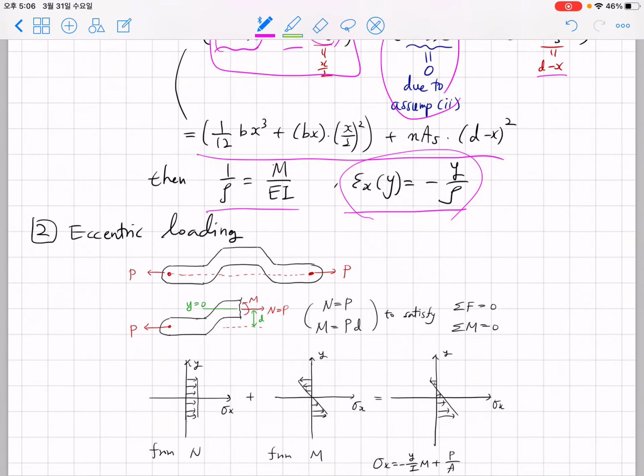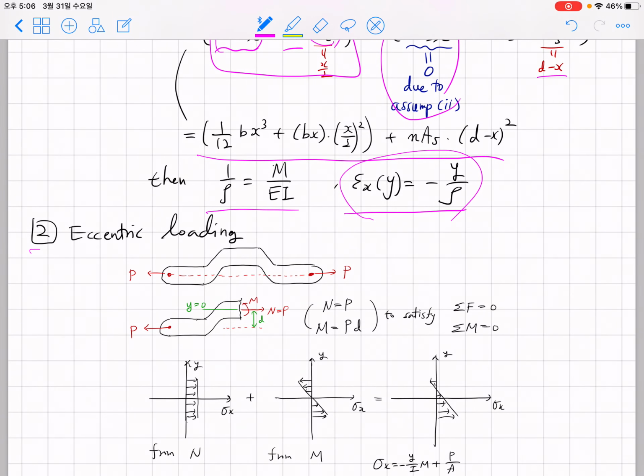After discussing reinforced concrete, we discussed eccentric loading. Eccentric loading is where the line of action does not go through the centroid of the section. When you take an imaginary section, the normal force is necessary to make a force balance.